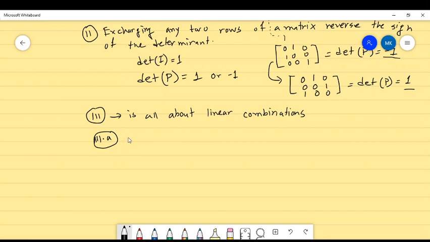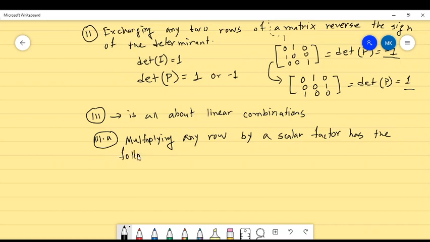So our 3a says that multiplying any row of a matrix by a scalar factor has the following effect.